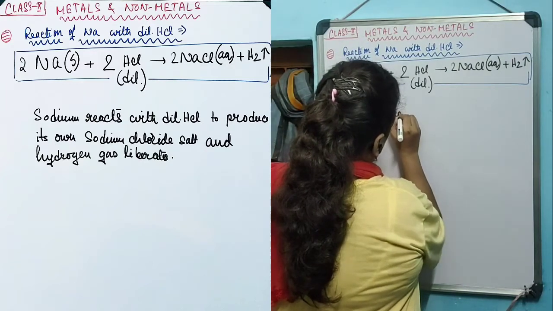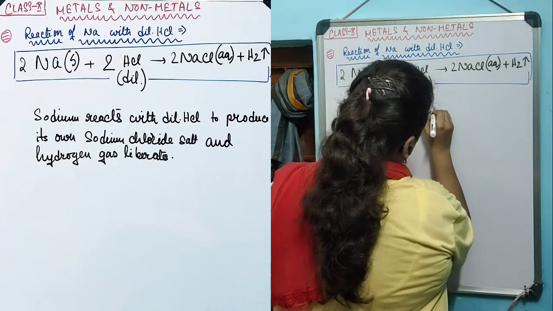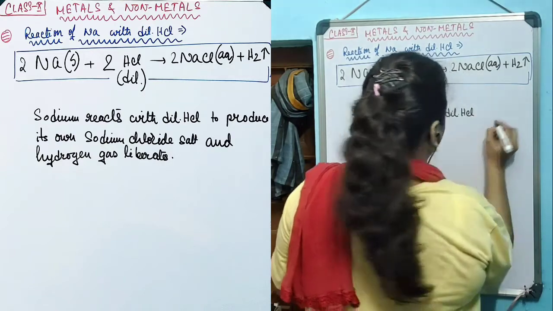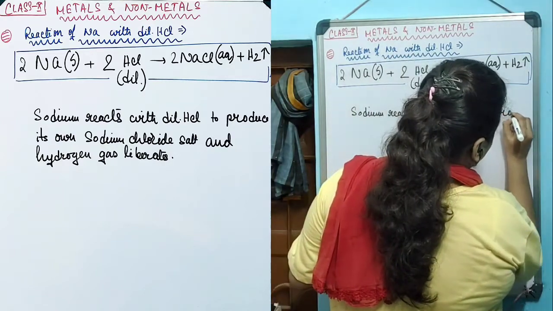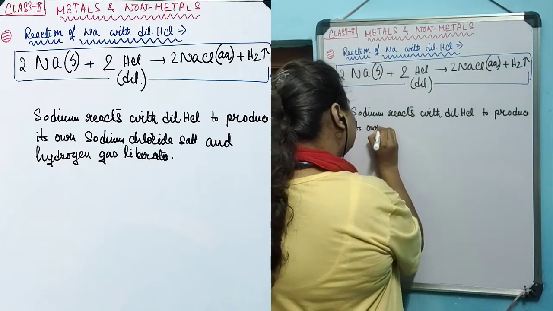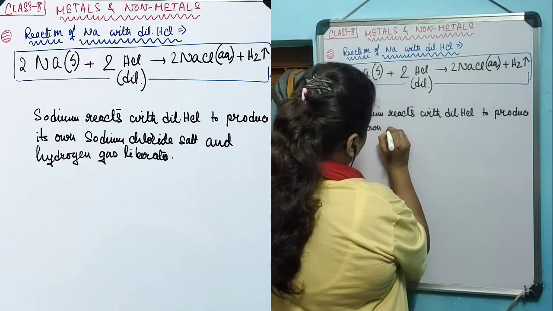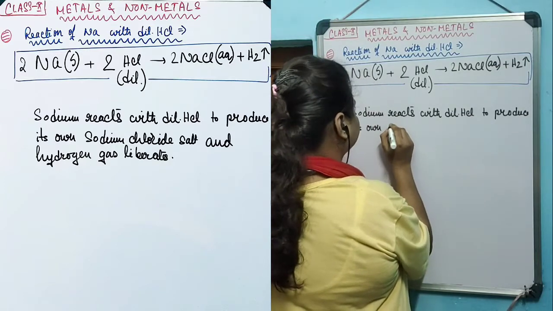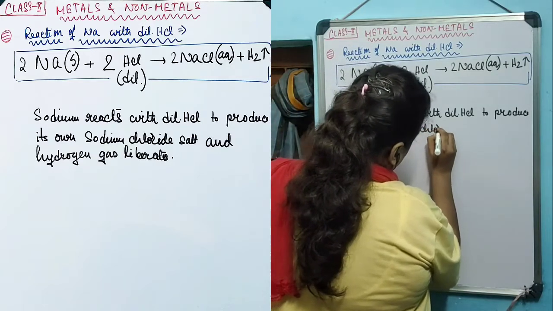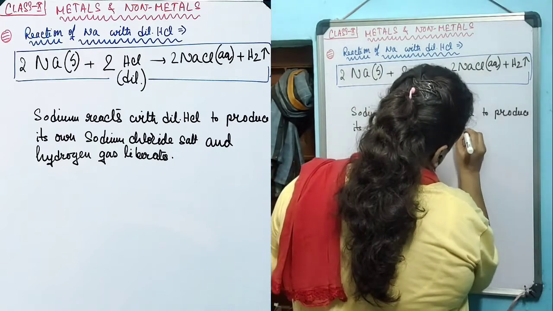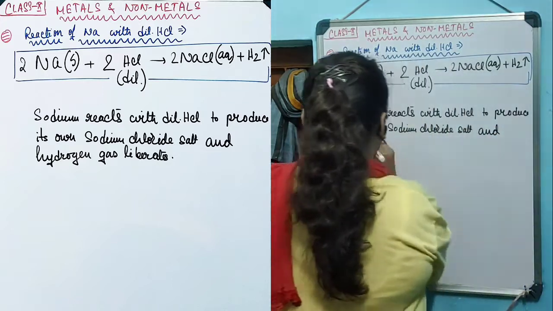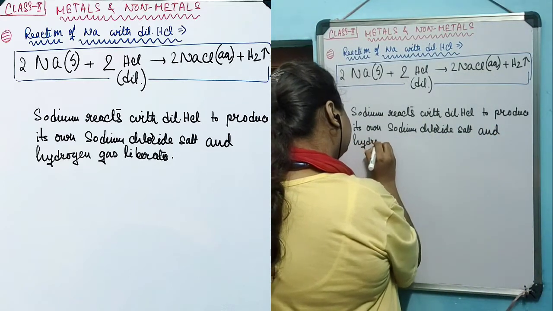Sodium reacts with dilute HCl to produce its own sodium chloride salt and hydrogen gas liberates.